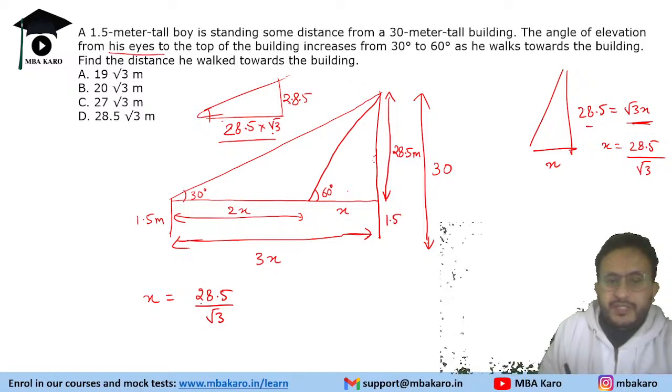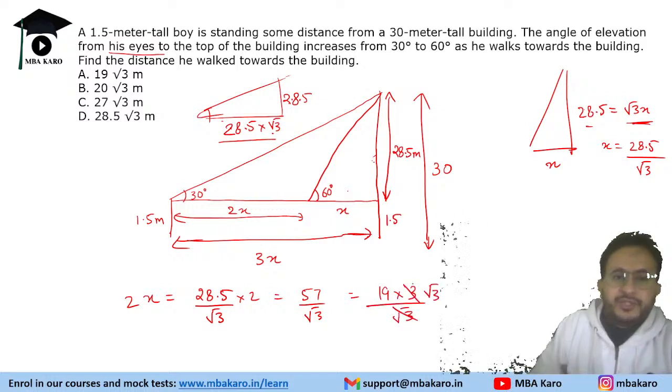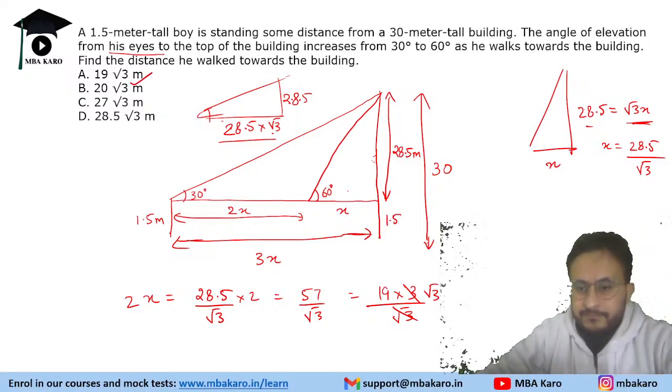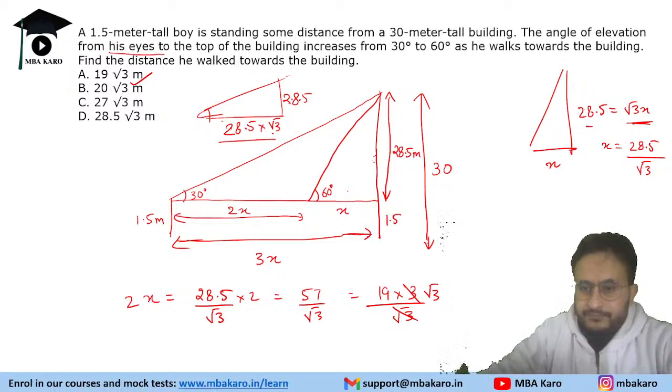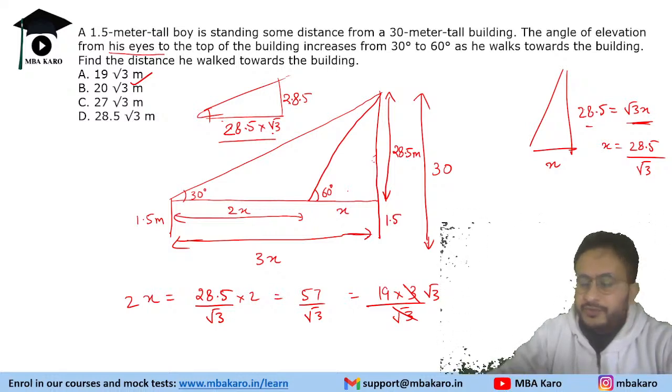And 2x will be 57 by root 3. 57 is 19 into 3, so 57 upon root 3 is 19 into 3 upon root 3. So root 3 will remain. So the answer is 19 root 3 meters. Okay, so if you got 19 root 3, that is the right answer.